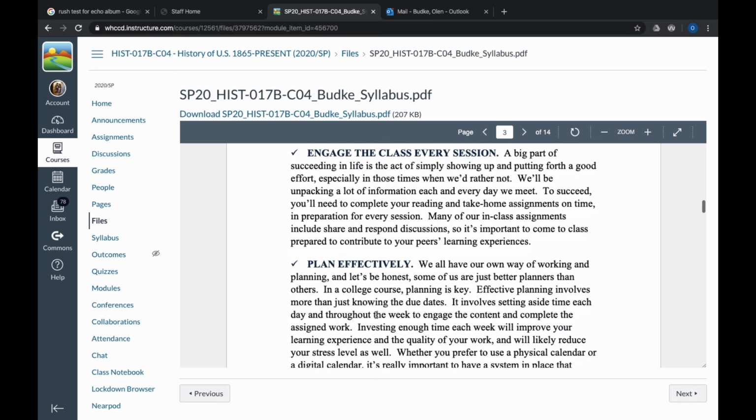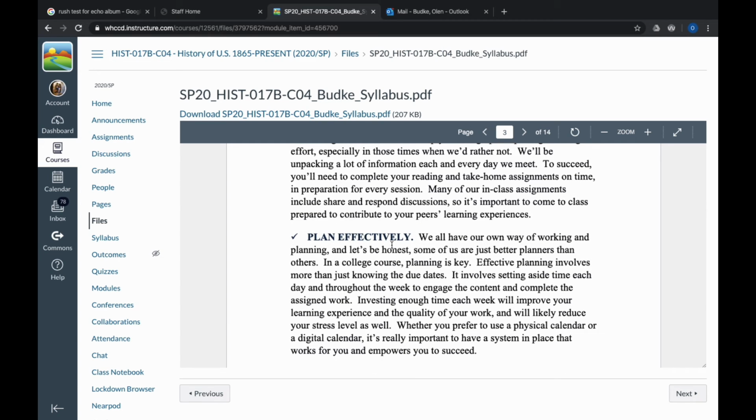That was a big one for me because I was a procrastinator as a student. I put things off to the last minute, which means that I didn't complete some things that I should have, and I didn't do my best on some things when I should have, right? So we should always aim to complete all of our assignments, always study and do our best on everything that we're turning in. That's going to result in a great grade and we'll feel better about our experience.